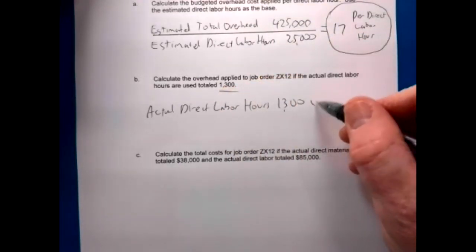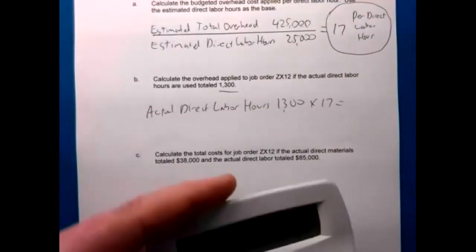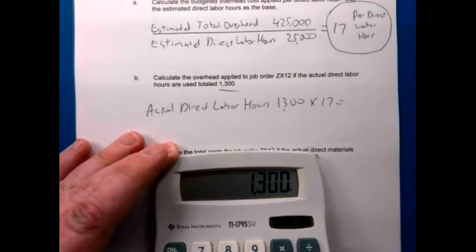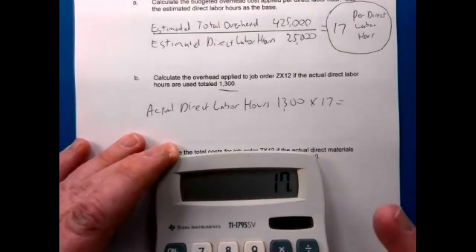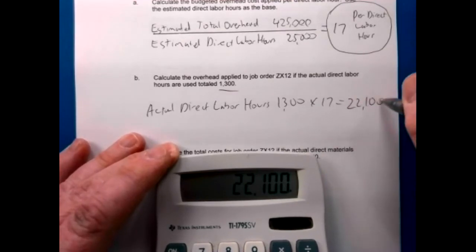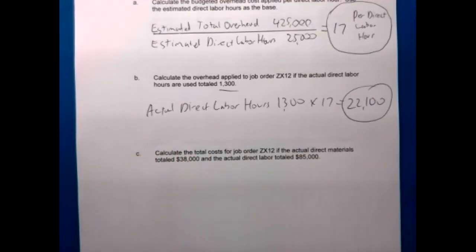All right, so actual direct labor hours 1,300 times 17 equals some number. So this is going to be the overhead applied.